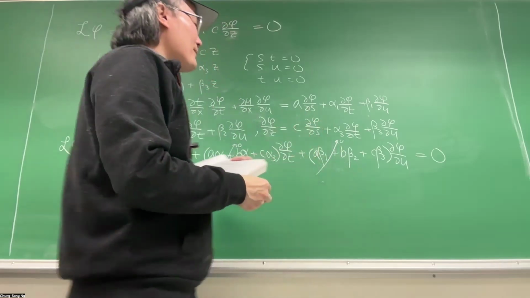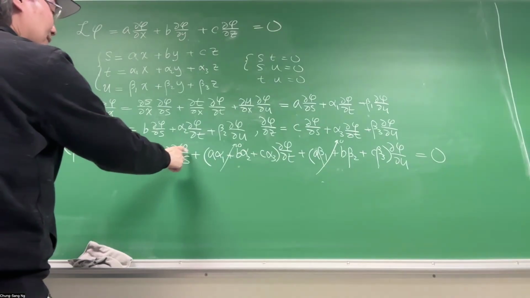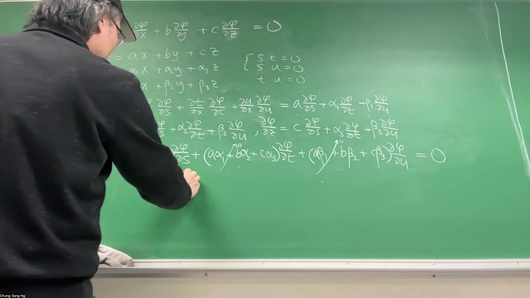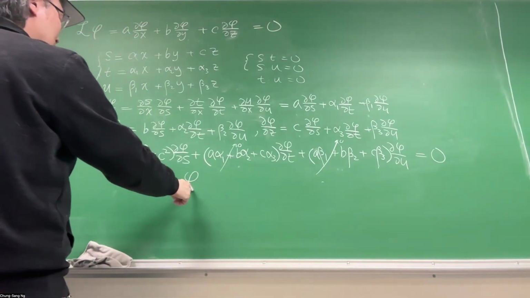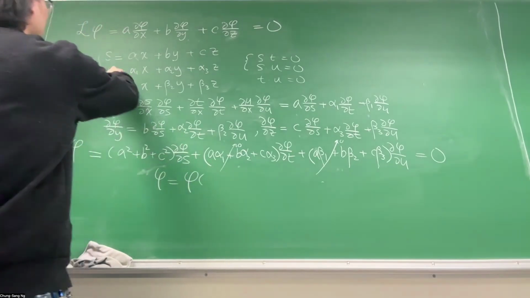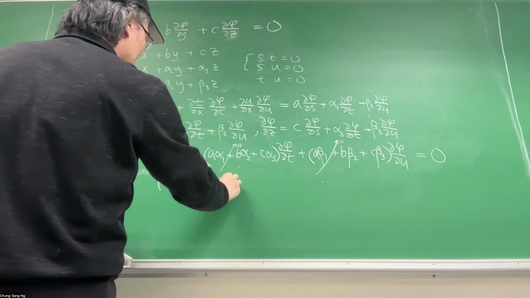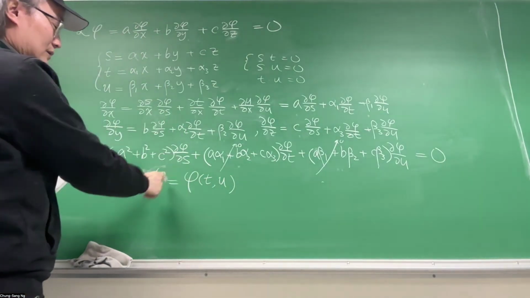Is that okay? So that will make it an ODE, and the solution phi is now an arbitrary function that will depend on the other two variables. It's still a function of two variables, T and U. But other than that, this is still a solution.